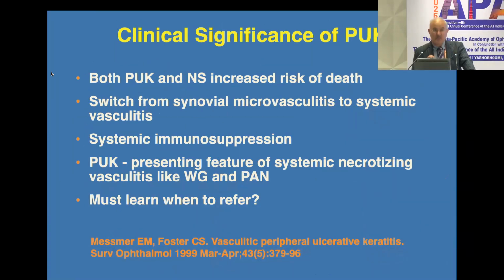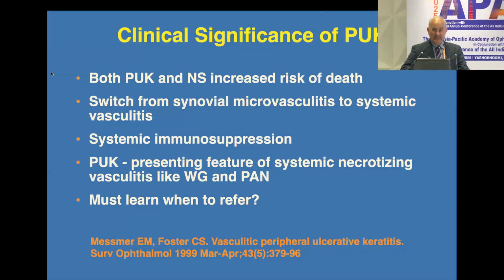But very important is the significance of PUK and necrotizing scleritis, especially if the patient has collagen vascular disease. This has a very serious implication. It's not only an eye disease; it signifies a possibility of visceral vasculitis, meaning kidney, liver, heart, lungs can get affected.